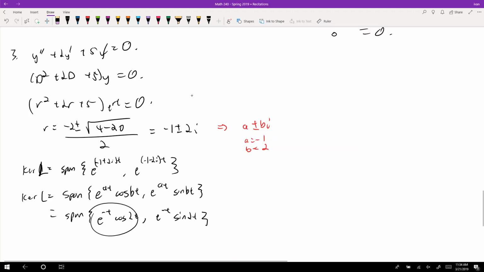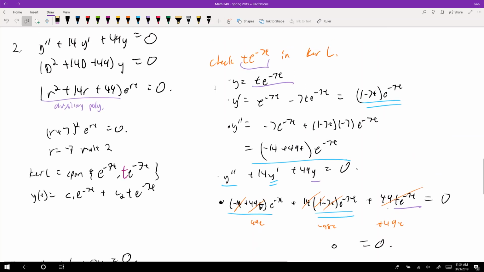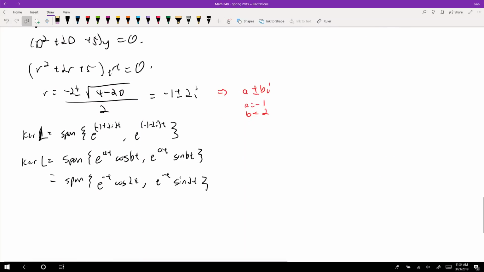The derivation is not too tricky. To prove it works, you just do the same thing that we did for t e to the -7t here: let y equal one of these and take derivatives.